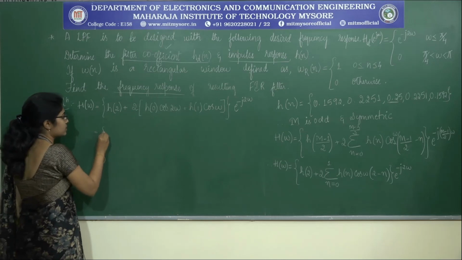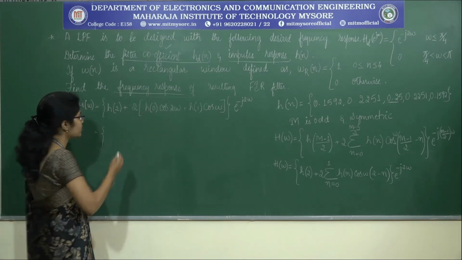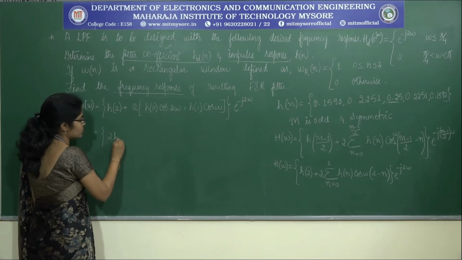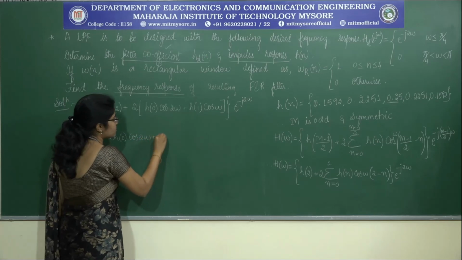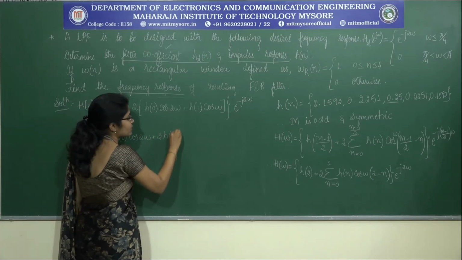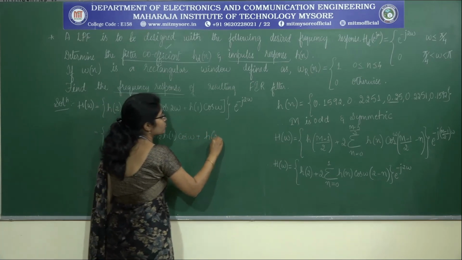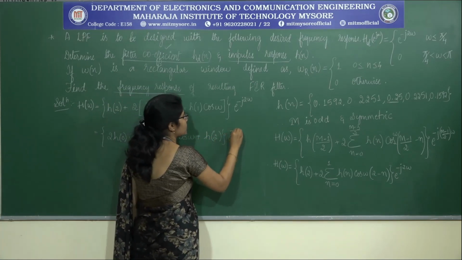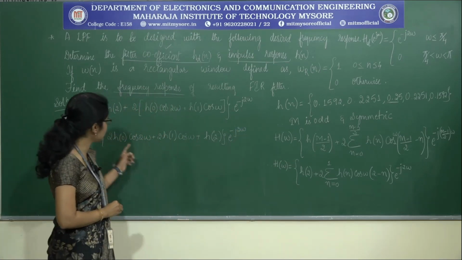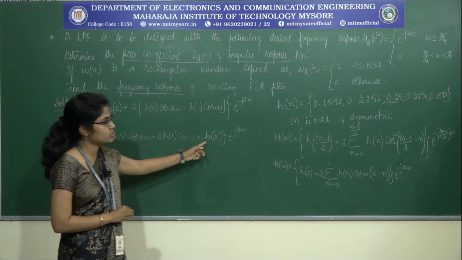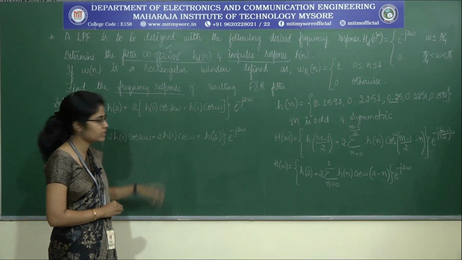If I multiply that inside the bracket and arrange with respect to the indexing, the first will be 2 into h of 0 cos 2 omega plus 2 into h of 1 into cos omega plus h of 2 into e power minus j 2 omega. Now I know the value of h of 0, h of 1 and h of 2, which is already calculated. So let us substitute in this particular expression.